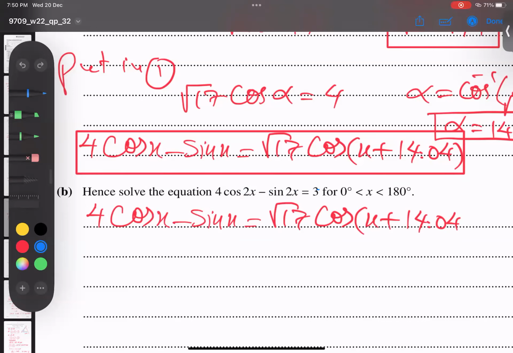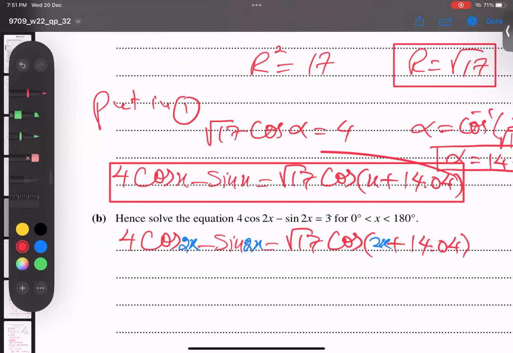So what I'm going to do, student, is erase this, this, and this. All 3 variables I'm erasing. See, I erase them, and I'm writing here, just for the sake of it in blue color, 2x, 2x, 2x. I believe you got the point. Now you understand how to solve the question. So the R form is helping us in the second part.